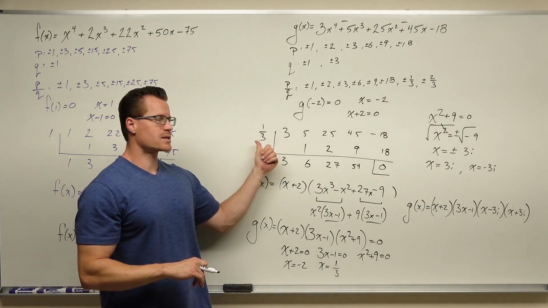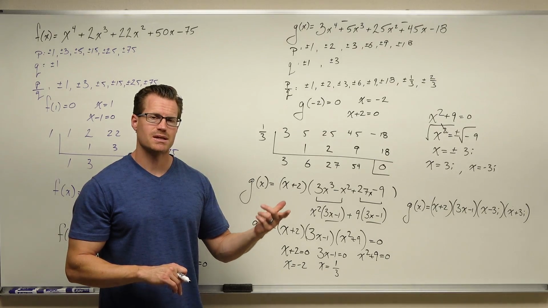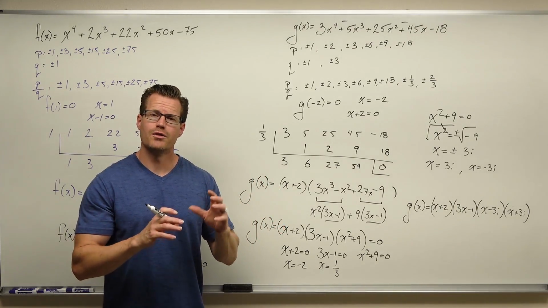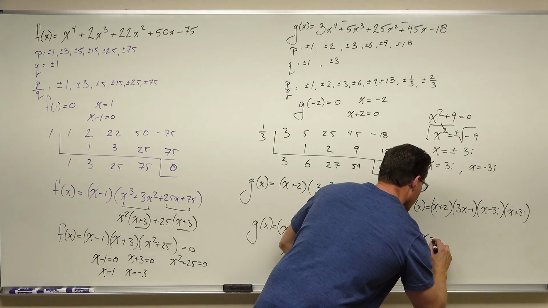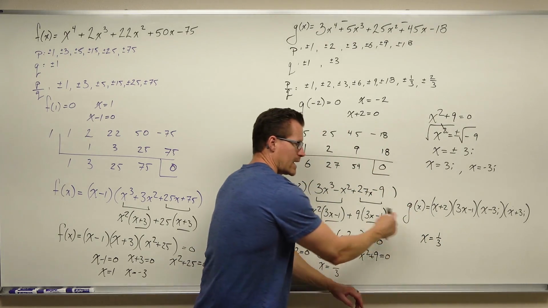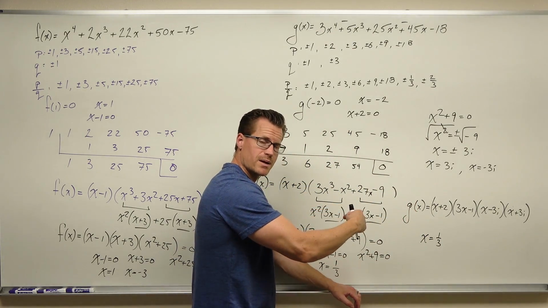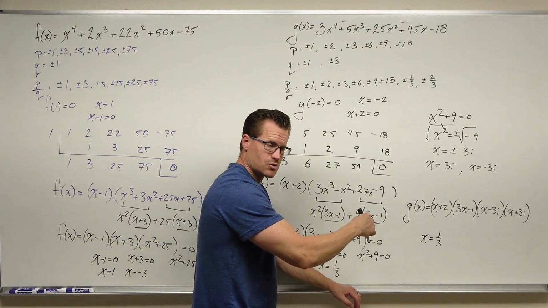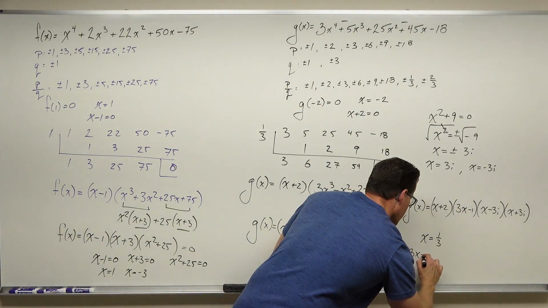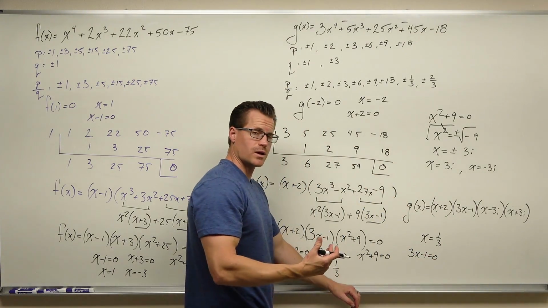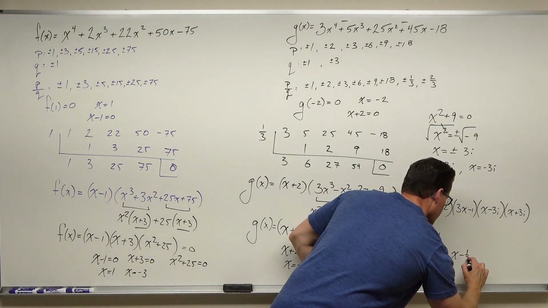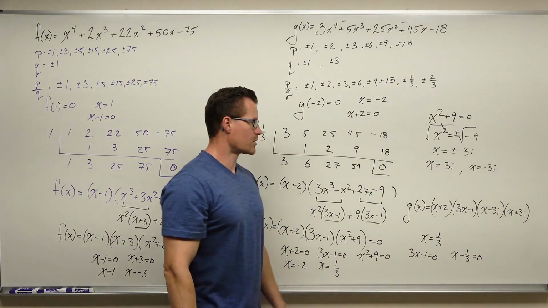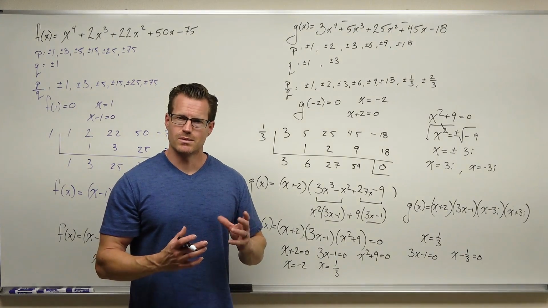What I mean by this is that this factor can look a little different. This right here would be x minus 1/3 instead of 3x minus 1. Those need to be the same in your head. So x equals 1/3. If I multiply by 3 and subtract 1, I get 3x minus 1. If I just subtract 1/3, I get x minus 1/3. Those are the 2 ways that we can write that factor.